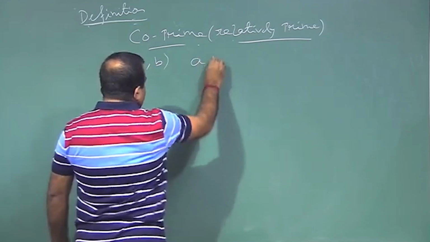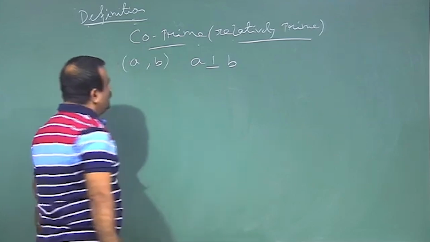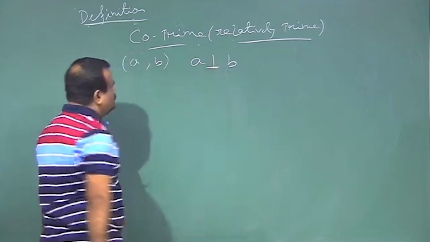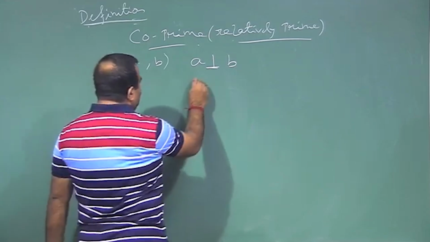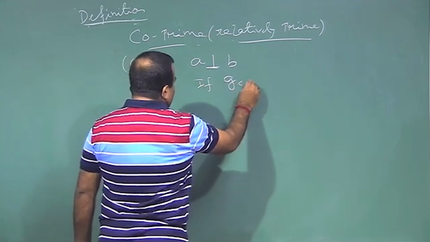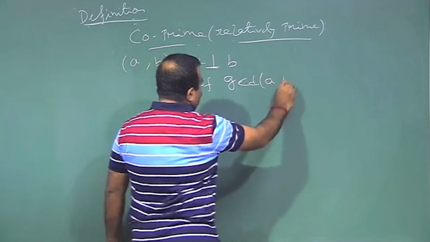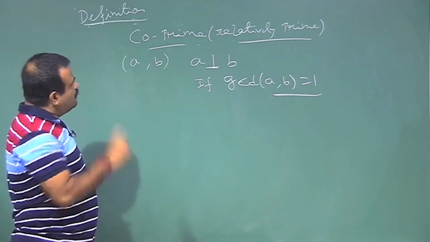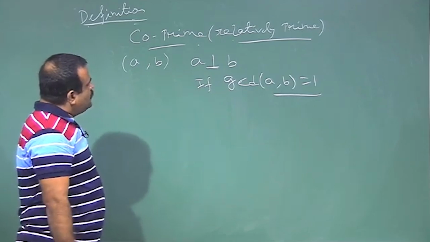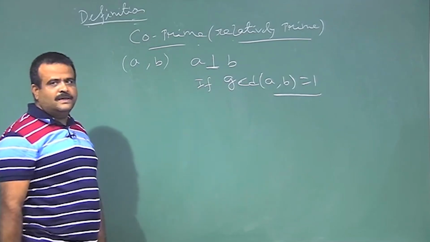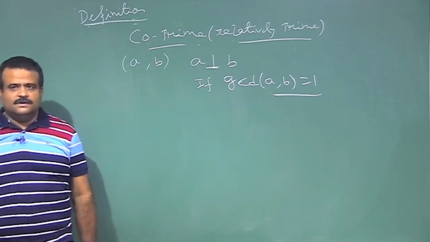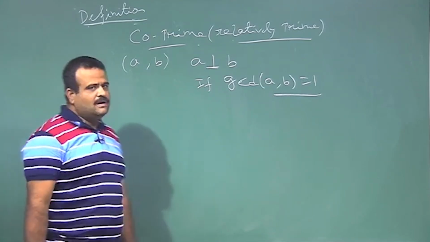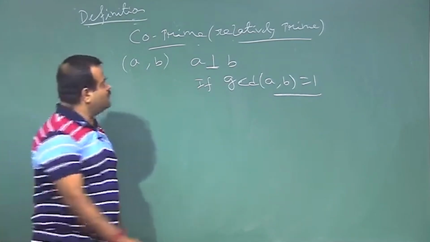We denote this by A co-prime to B. This is the notation we can use. If the GCD of A and B is 1, then we say that A and B are co-prime, or in other words A and B are relatively prime. So, this is the definition of co-prime.